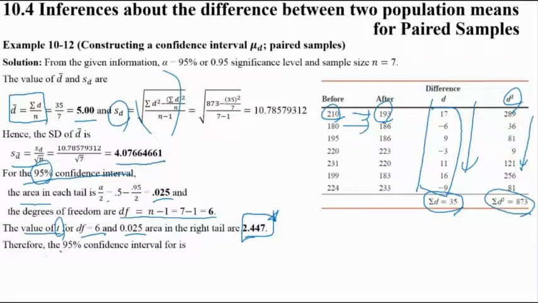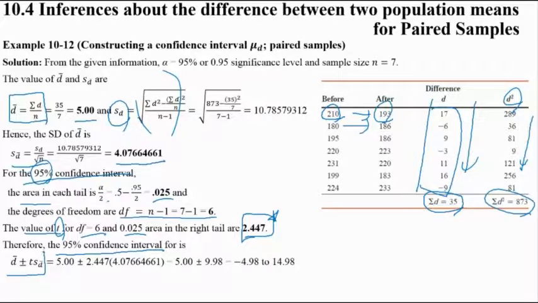So therefore, the 95% confidence interval formula is d bar plus minus t times s d bar. Here d bar means the mean of a sample, but of differences, the paired sample mean.